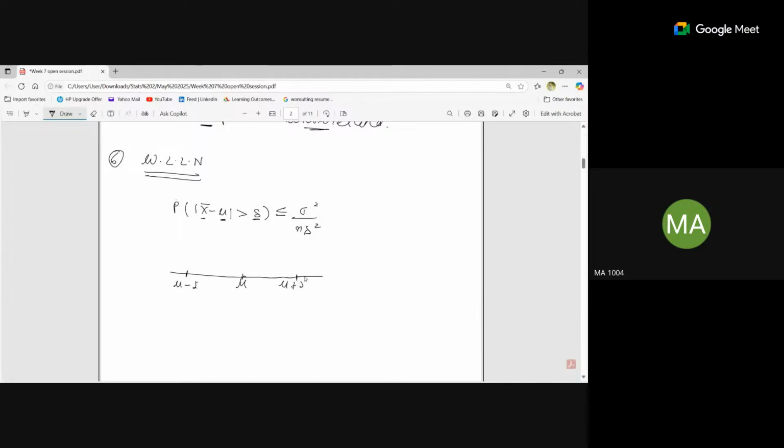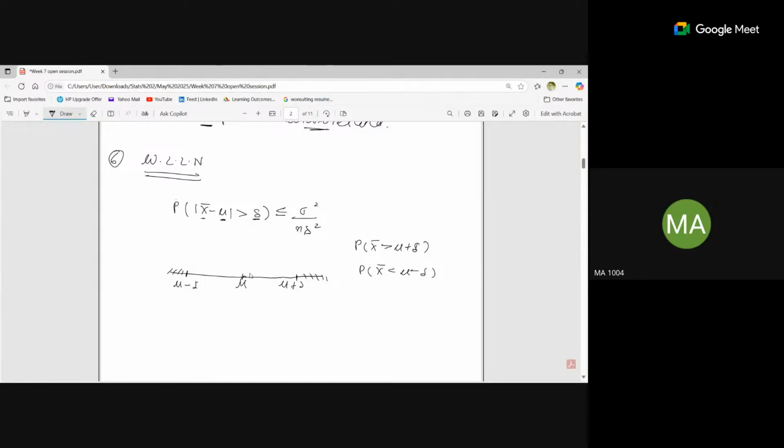What we are finding out is if my x bar, my sample mean, is greater than mu plus delta, that means we are finding out this area, or x bar is less than mu minus delta, we are finding out this area.